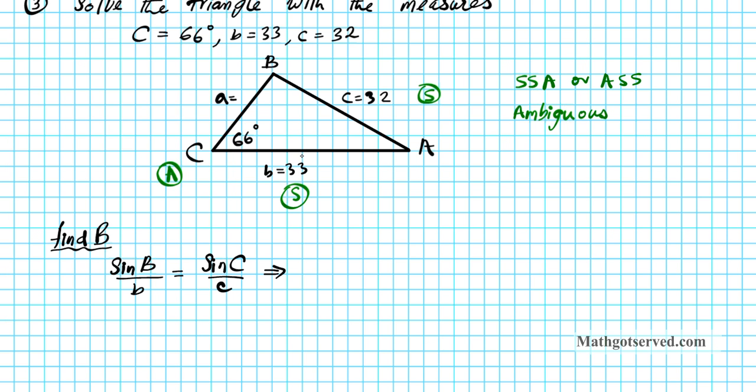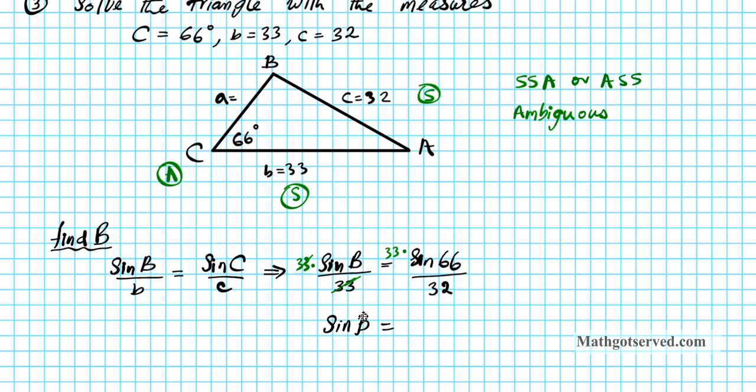Now if we apply this triangle to this formula, we're going to have sine big B over little b, where little b is 33, equals sine big C, which is 66, divided by little c, which is 32. Okay? Now let's multiply both sides by 33 to get sine B isolated. So these two cancel out. We have sine B.